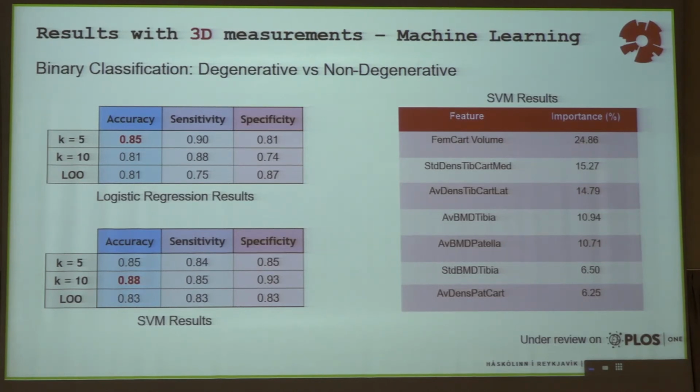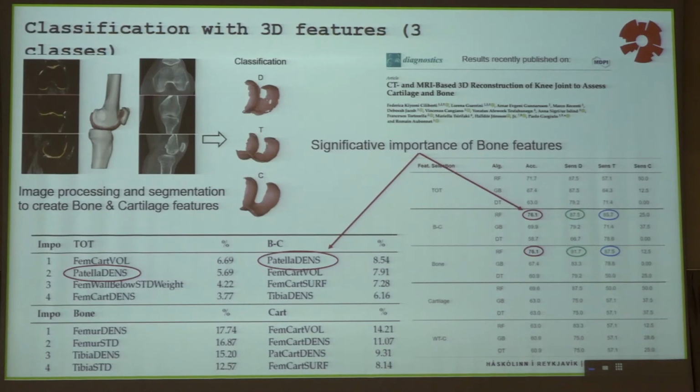These results are actually under review right now, while these other results were published in Diagnostics. Here we did not do the binary classification but the 3-class classification with the 3D features, and we obtained slightly lower accuracy, of course.